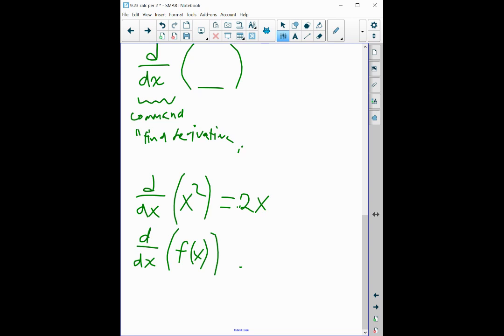D dx is a command. It follows the same with limit. If I just wrote limit x equals 2 equals 7, that means nothing in math because there's no object here. Limits are a command asking you to find intended heights. So just make sure all commands are followed by objects. That's my soapbox.